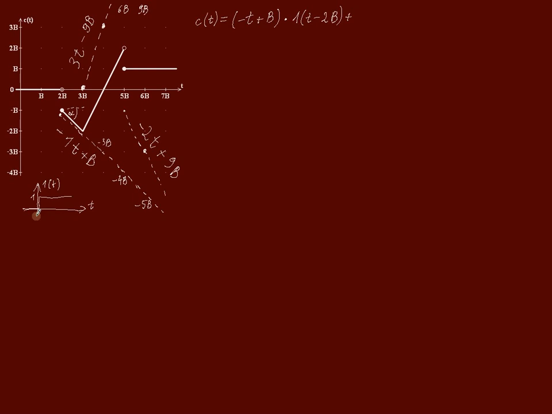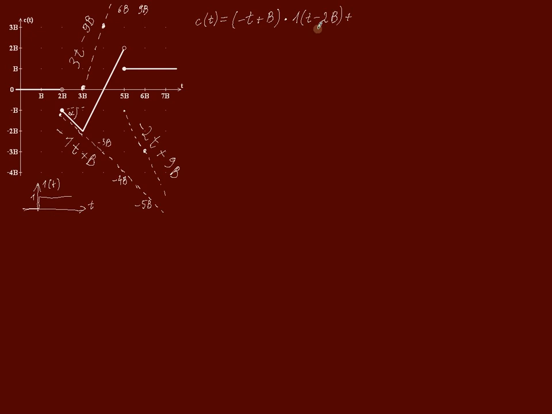Please look at what I wrote. If time t is equal to, for example, 1b, then in the brackets there will be 1b minus 2b, that is, the value minus b. That is a negative value. So, for time 1b, this entire unit step will be 0. And that is very good, because on the graph we can see that for time 1b, this first ray doesn't exist yet.